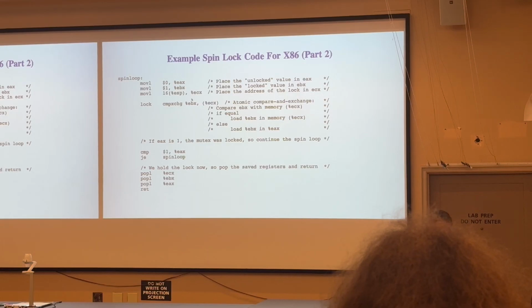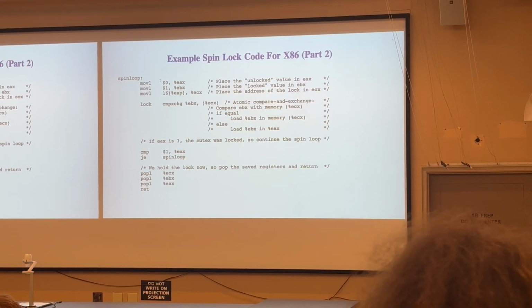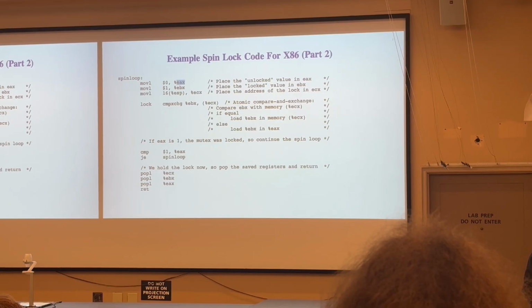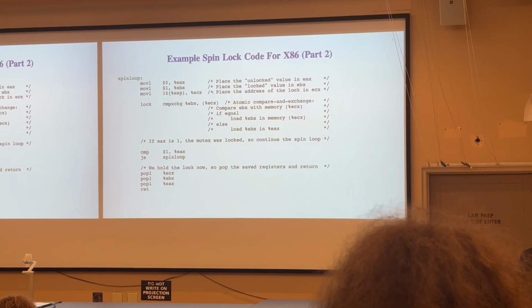Following this code might be easier. It's a spin loop. You put the unlock value in EAX. This 0 means that the lock is not locked. And you put this 1 in EBX. This means that it is locked. And then this is the address of the lock.